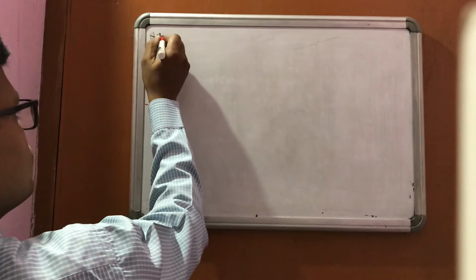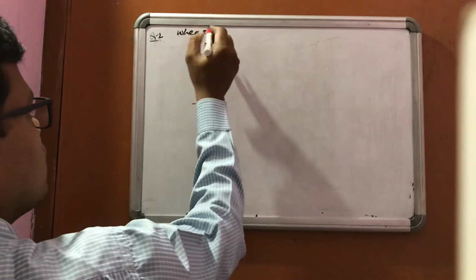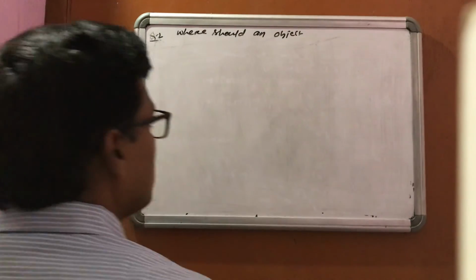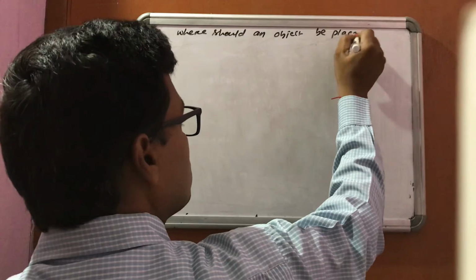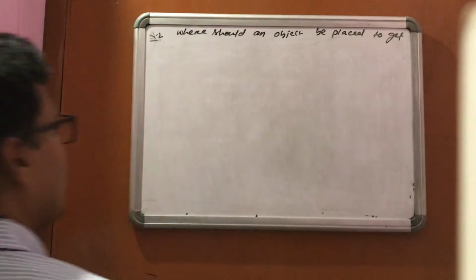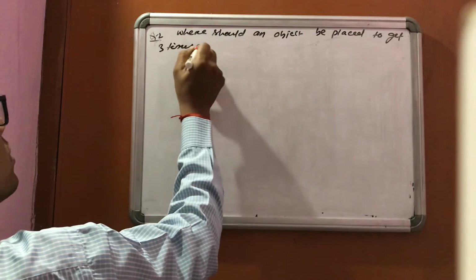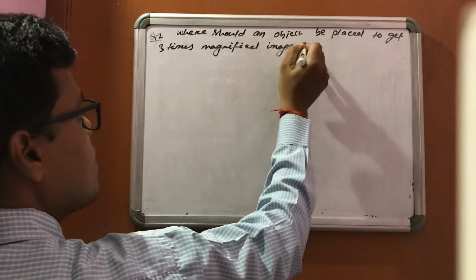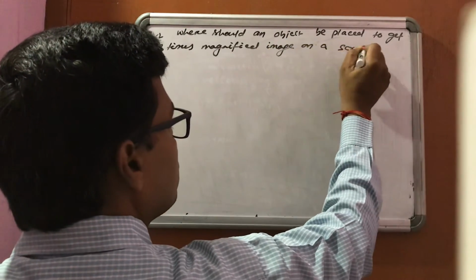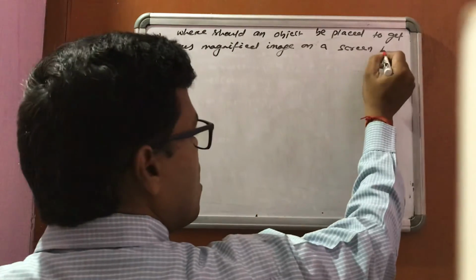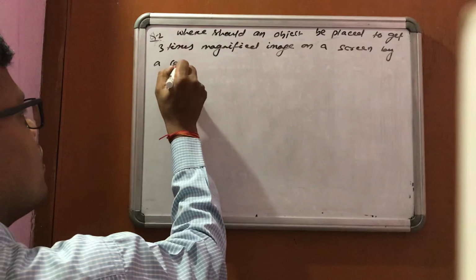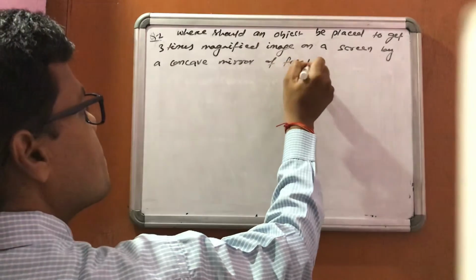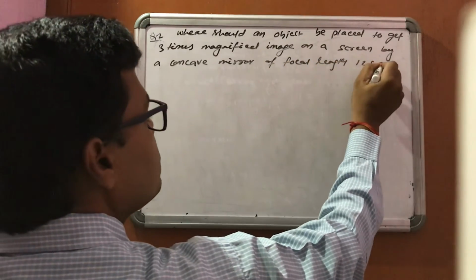Second question. Suppose the question is like this: where should an object be placed to get a 3 times magnified image on a screen by a concave mirror of focal length 12 centimeter.